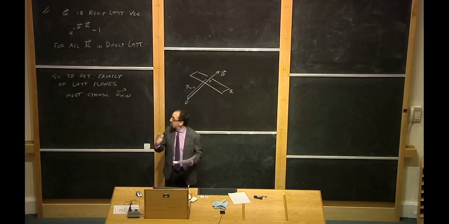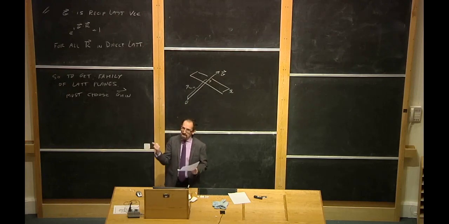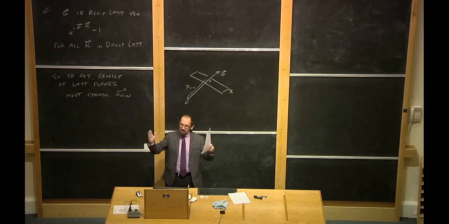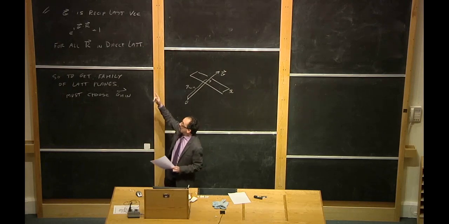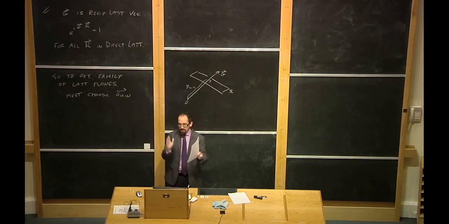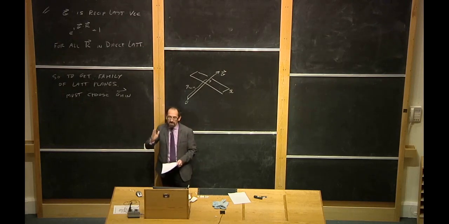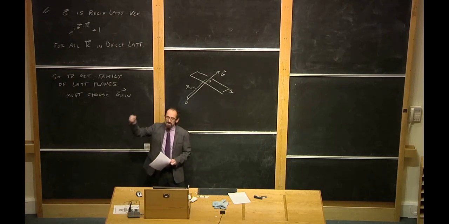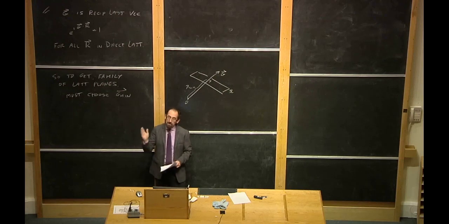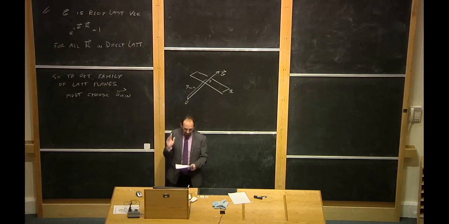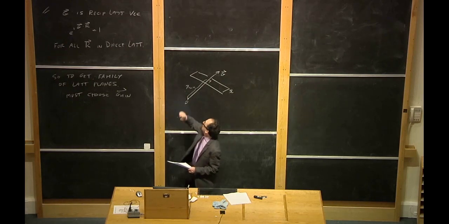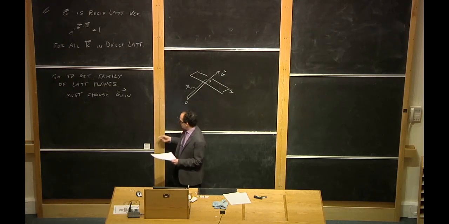If it was not the minimum reciprocal lattice vector in that direction, you could make it smaller, cut it in half, for example, and get something which has fewer planes, and yet all of the lattice points should still be included. So you should take the minimum reciprocal lattice vector so that you get enough planes. You're guaranteed that all your lattice points in the direct lattice will be included in those planes, but you don't get any extra. Okay, good. So that's the proof of that rather important theorem.